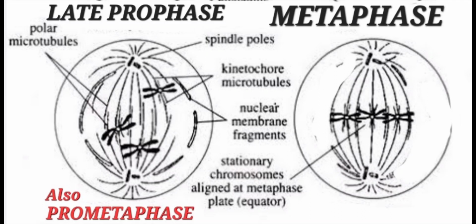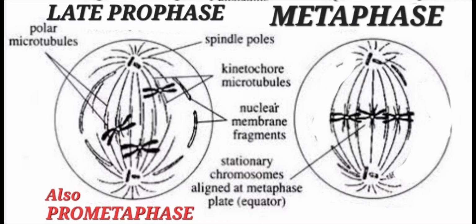In animal cells, since two asters are formed, it is called amphiastral. But in plants, there are no centrosomes or centrioles. That is why no asters are formed, but spindles are formed with the help of microtubules.